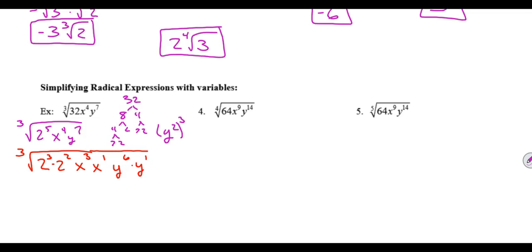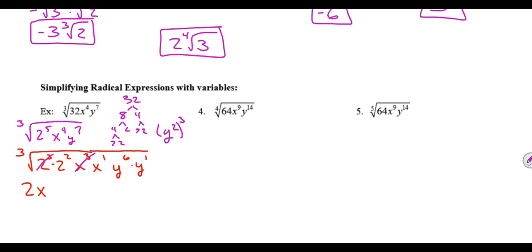Another way to think about it is this is a fraction, right? 6 divided by 3 will give me y squared. So let's take a look at this, all right? So these will cancel out, right? So that gives me a 2, and I've used this, so that's gone. We're going to skip that one. X to the 3rd will give me an x, and I've used it, so it's gone.